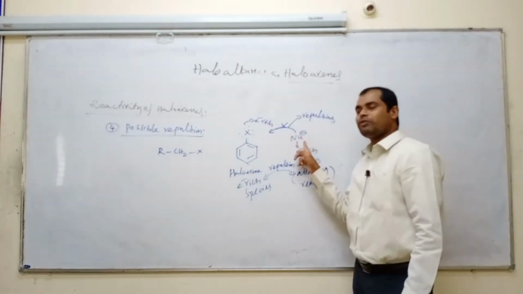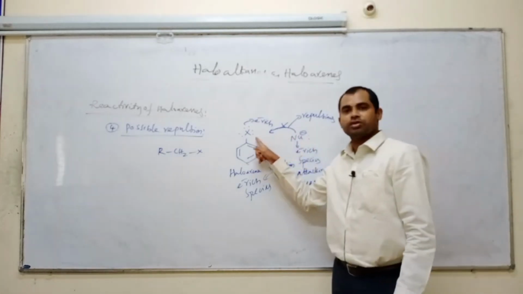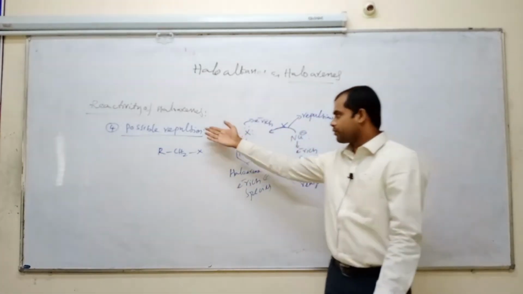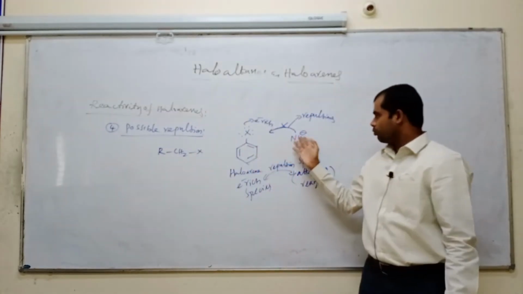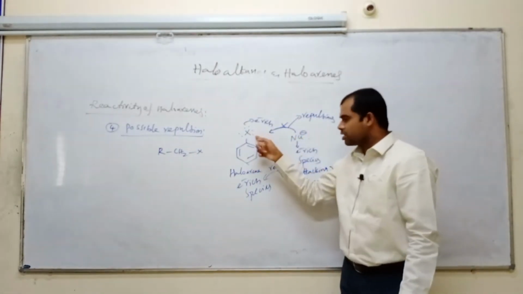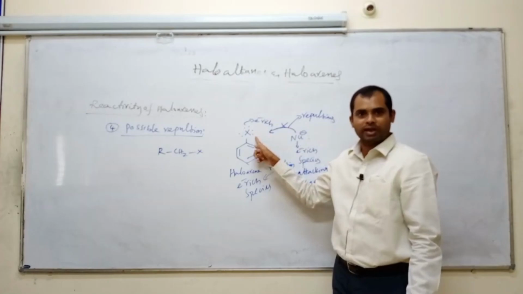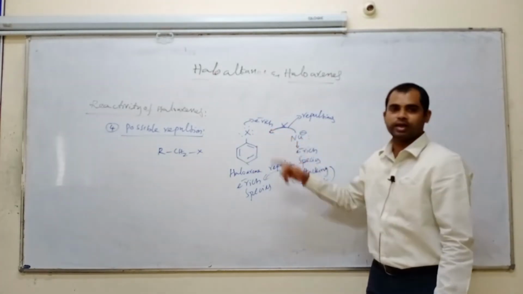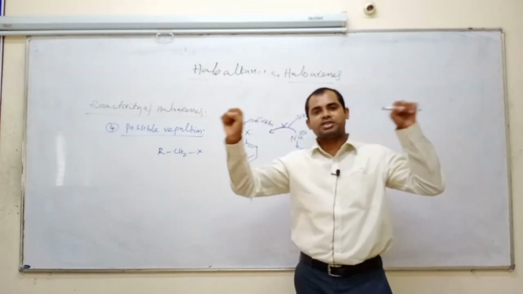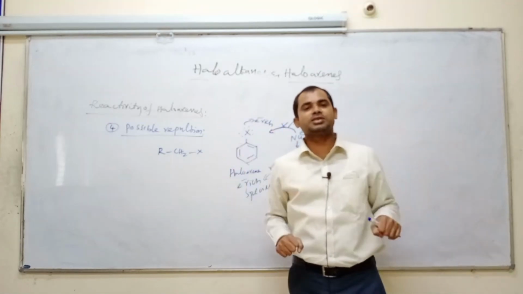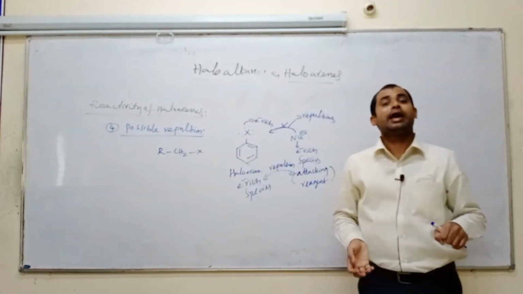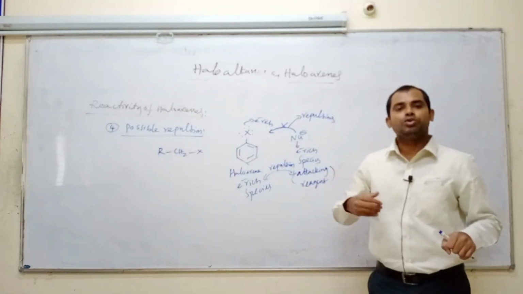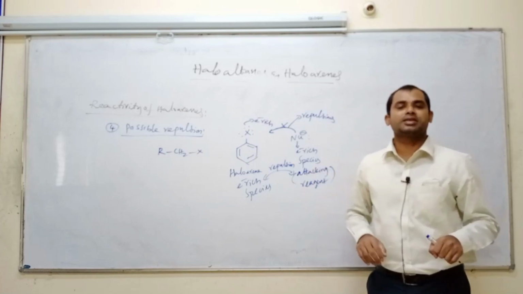But here the nucleophile has more electrons, and the haloarene also has more electrons. The halogen contains electron rich lone pairs, ready to donate, and the nucleophile is also electron rich. So both have repulsions. Because of repulsions, haloarenes are less reactive towards nucleophilic substitution reactions.